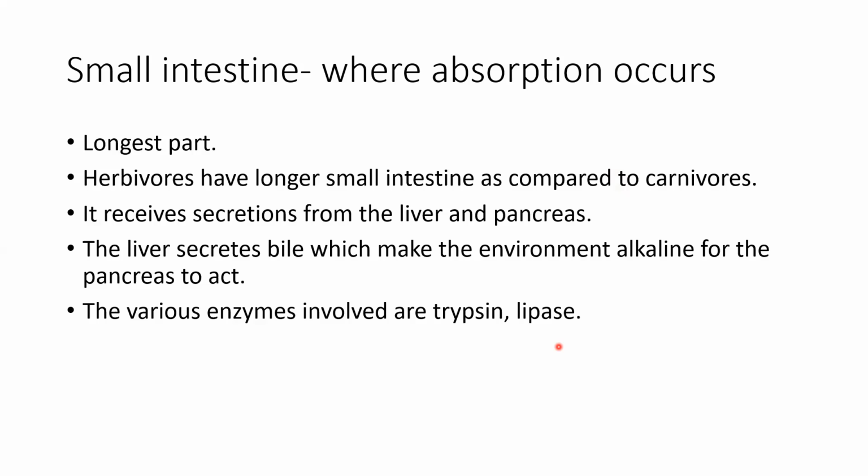The bile acts on your lipids and breaks them down into fat globules, not the very minuscule fatty acids, but fat globules, right? And the bile also creates a very alkaline environment for the pancreatic enzymes to work, because they cannot work in an acidic environment. They will work in an alkaline environment, right?